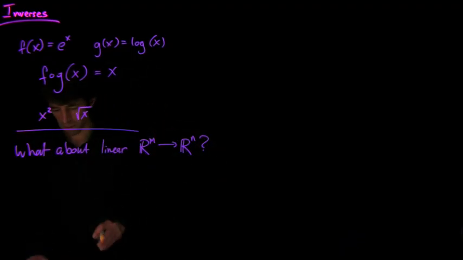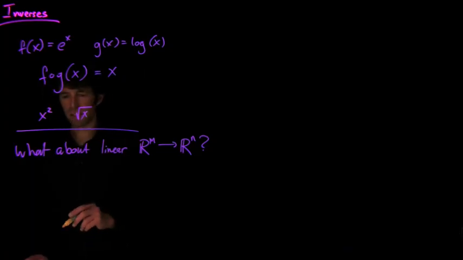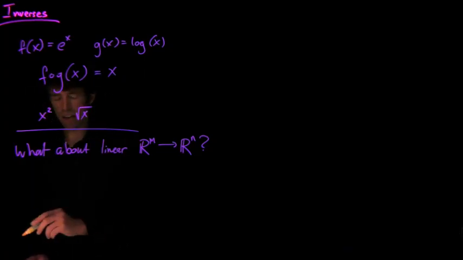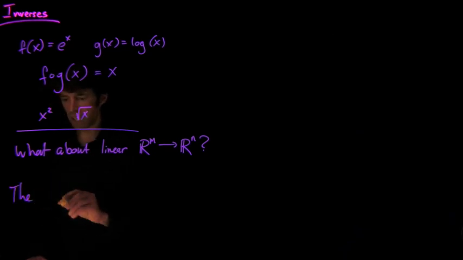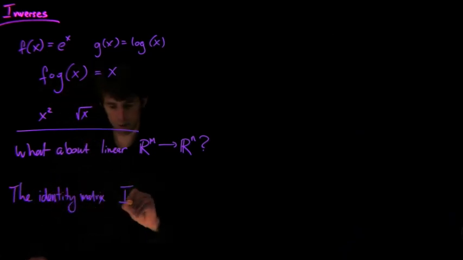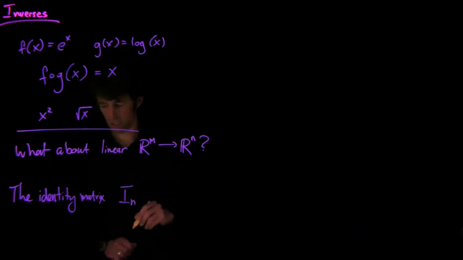Well, to start with, let's take a very special matrix and a very special linear function. The matrix is called the identity matrix, and it comes in various sizes. So I'll write I sub n.